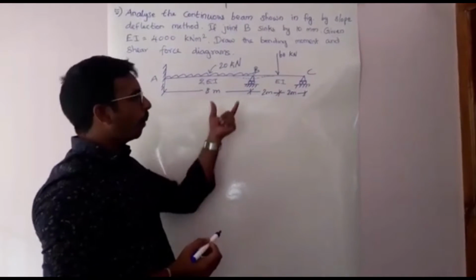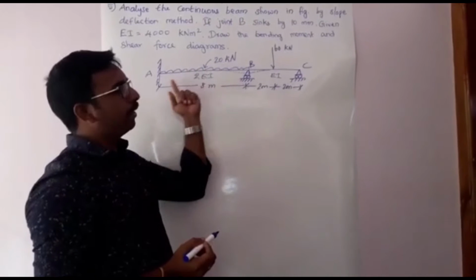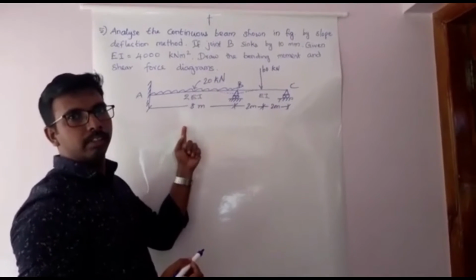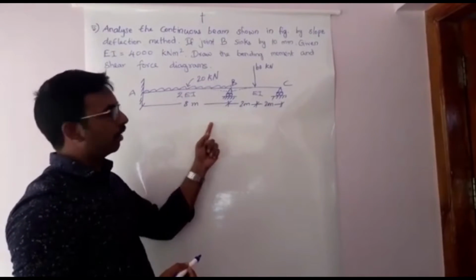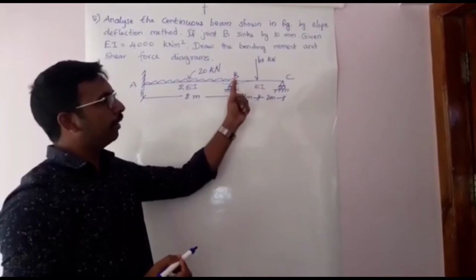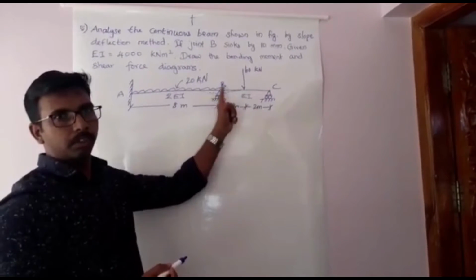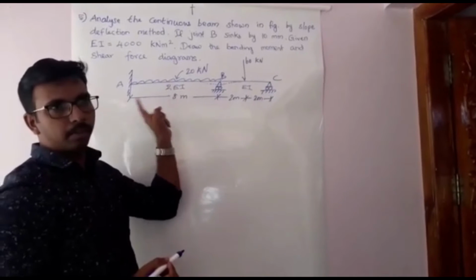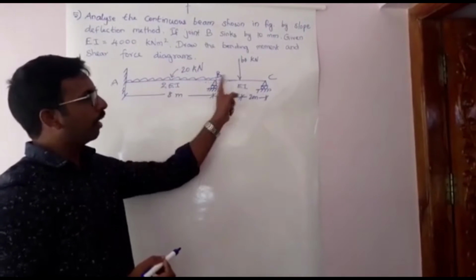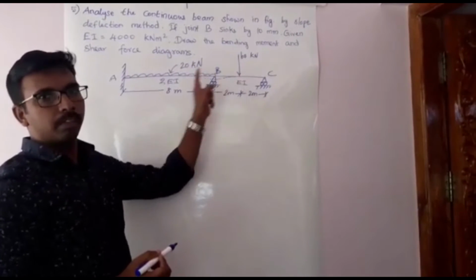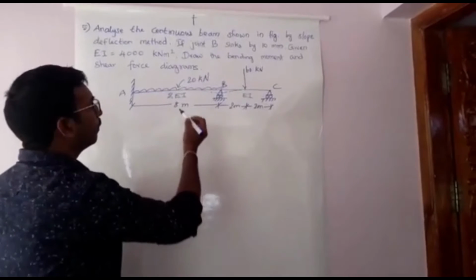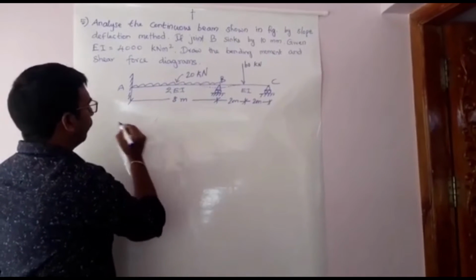So for AB and BA you have to put the value as negative, and for BC and CB you have to put the value as positive.